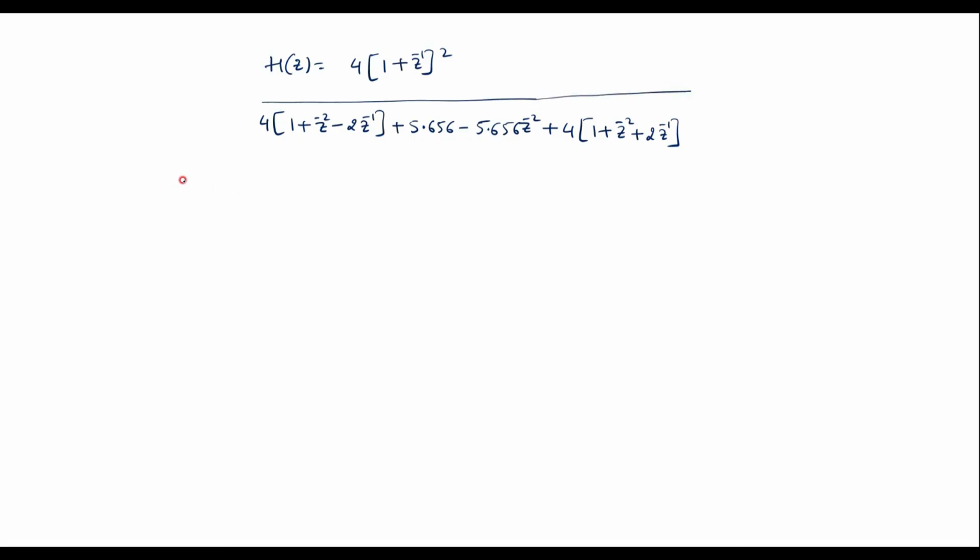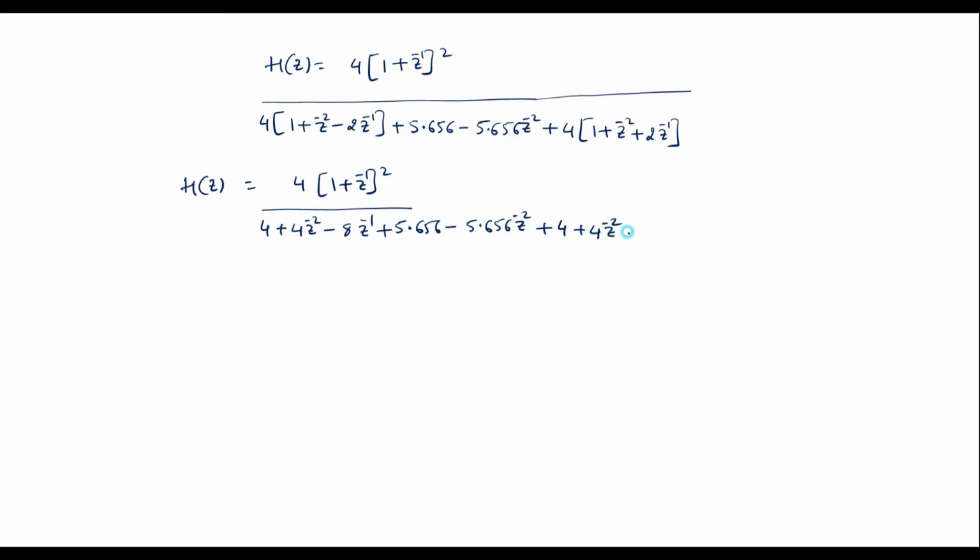So simplifying this, I can write H of z is equal to 4 (1 plus z inverse) square divided by, multiplying these terms, 4 plus 4z power minus 2 minus 8z power minus 1, plus 5.656 minus 5.656 z power minus 2, plus 4 plus 4z power minus 2 plus 8z power minus 1.